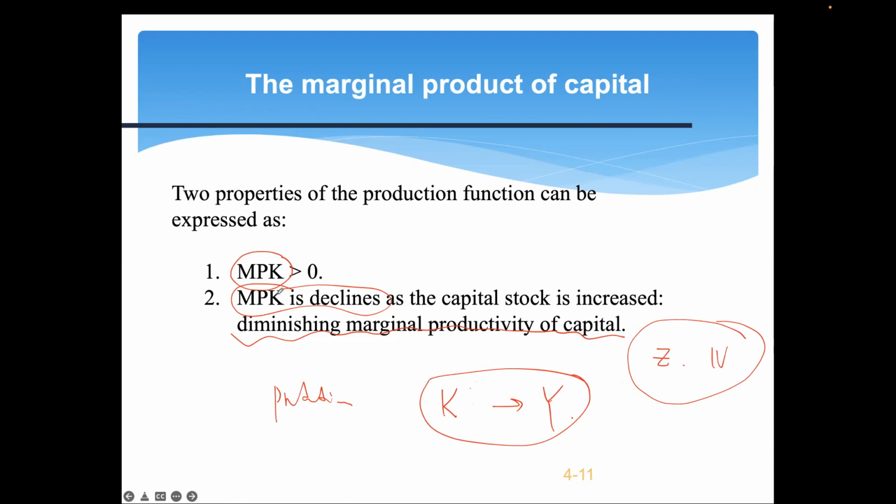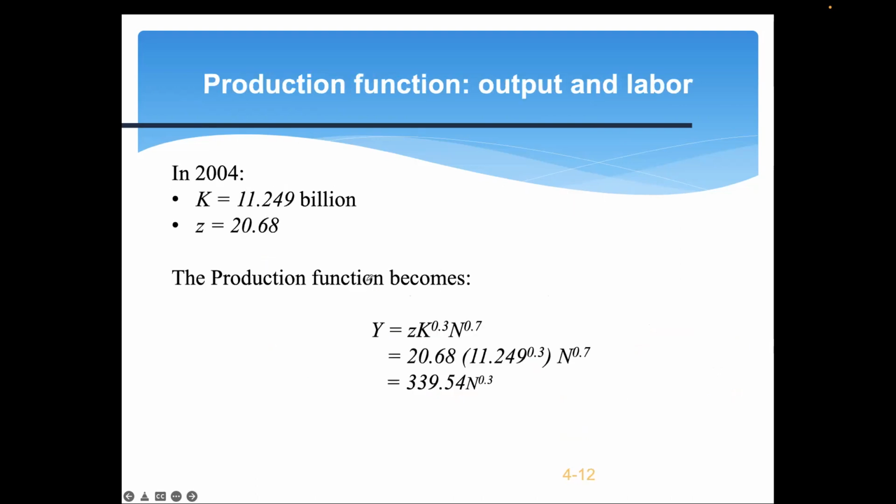The most important one is that the marginal product of capital is declining. The more physical capital you have, the less contribution the additional unit of capital is going to bring. I just gave an explanation. This is going to be very important for us to understand many significant issues in macroeconomics, for example, the long run economic growth.